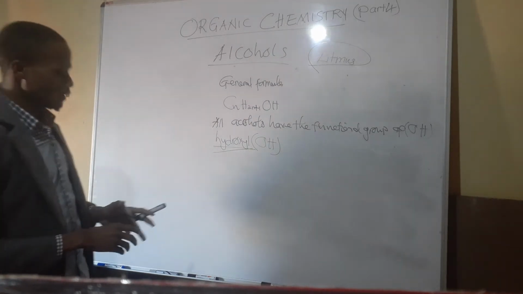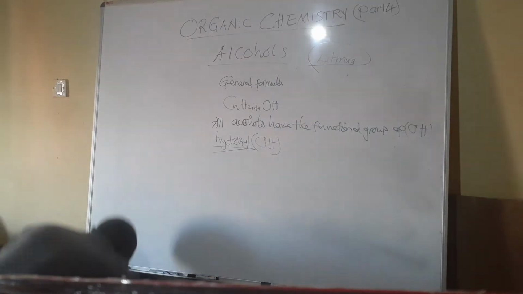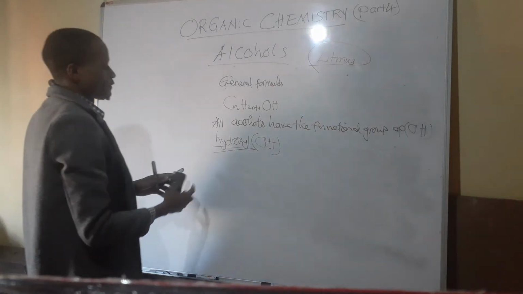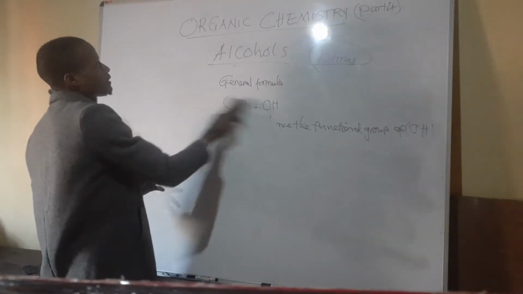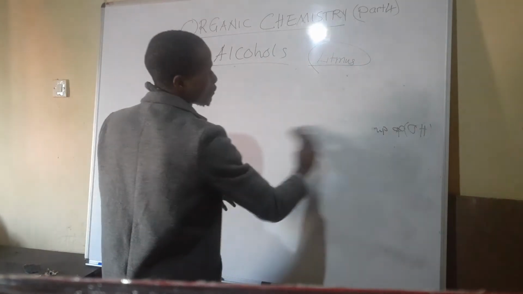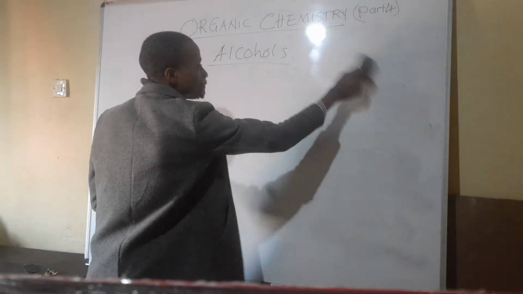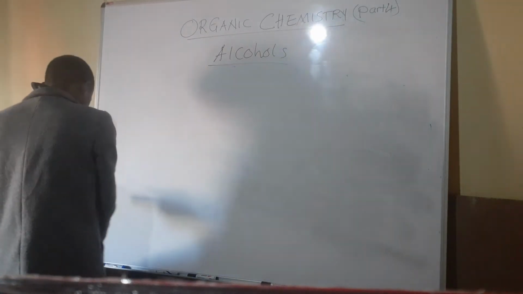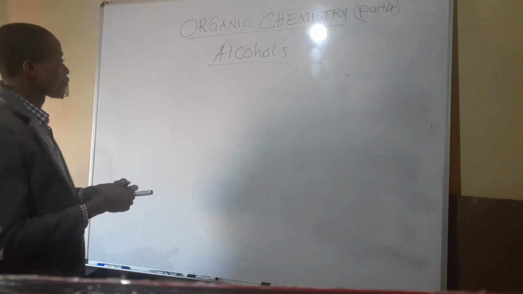Now we want to look at the first 5 alcohols. Bear in mind that alcohols are also called alkanols. Now we want to list the first 5 alcohols.